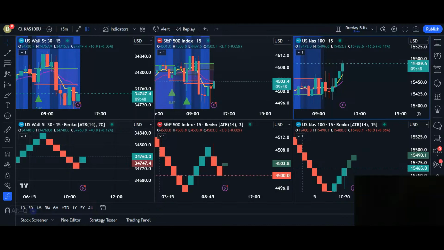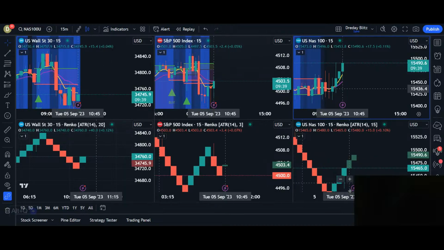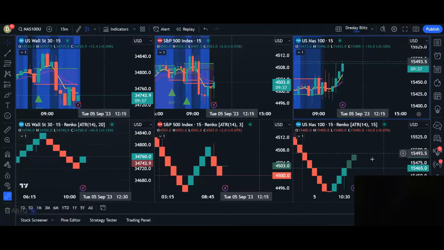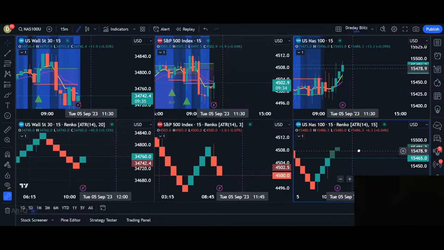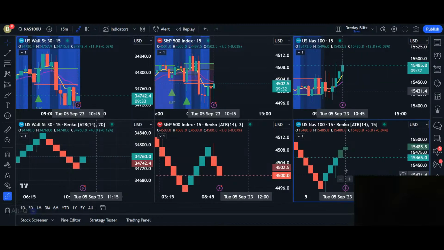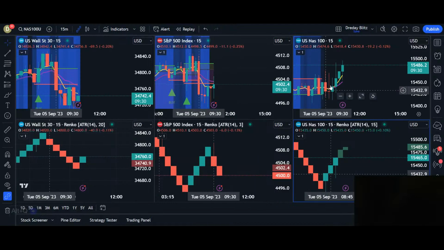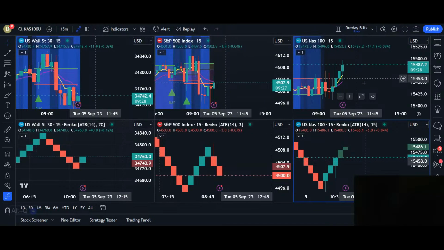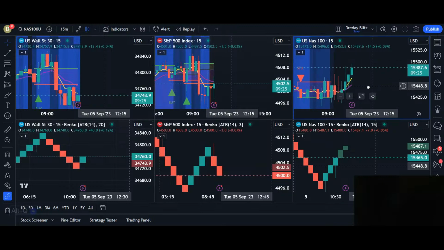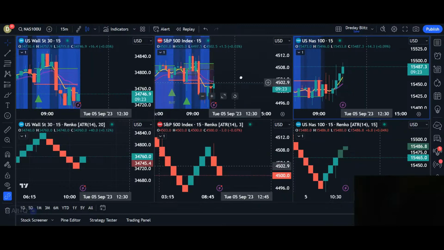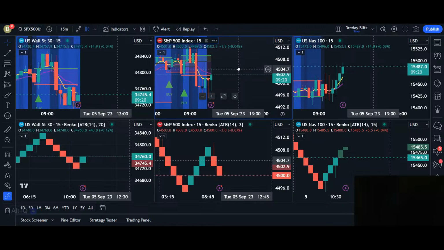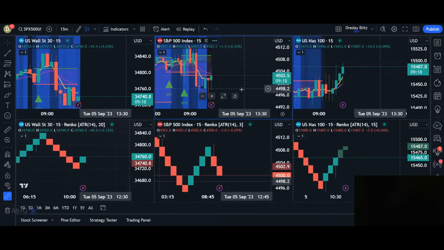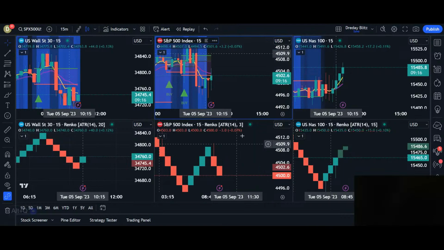Yeah, so currently the Nasdaq is still a runner right now, still pushing up. As you can see, the Renkos are still going on the upside. We had a little indication of a reversal right here, and then it just pushed up. So that's good. Then you have S&P 500 still hesitating right now.